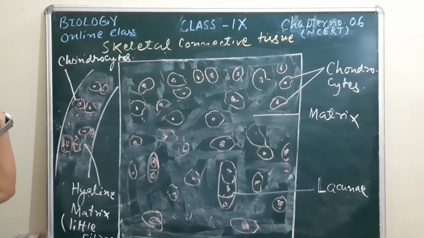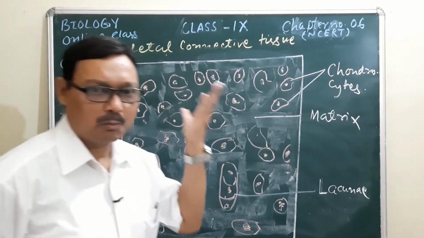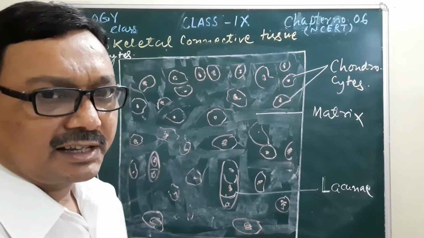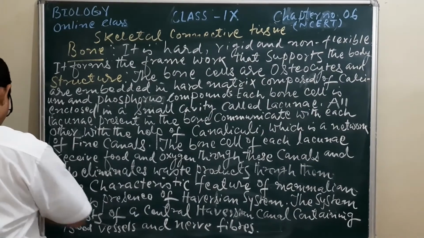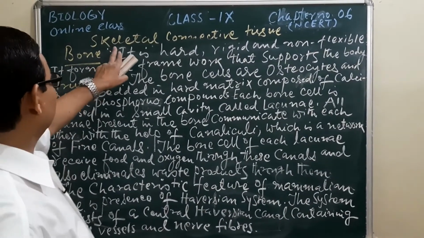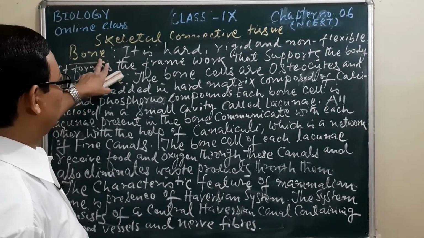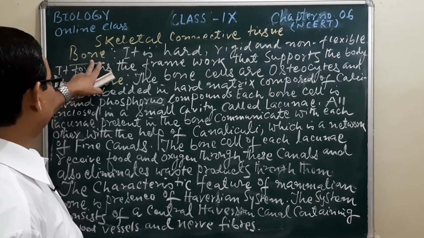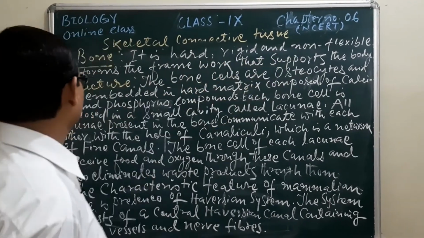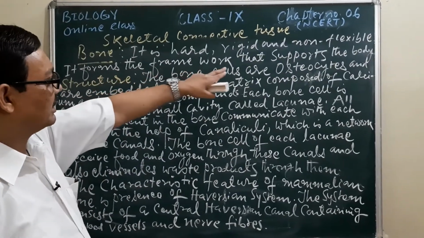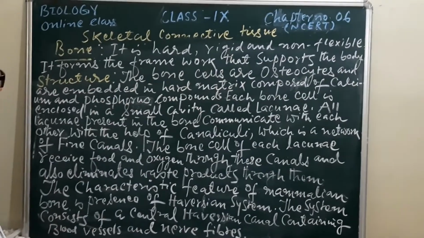Now we move towards the bone, another skeletal tissue. It is the second important skeletal connective tissue, that is the bone. It is hard, rigid and non-flexible. It forms the framework that supports the body.